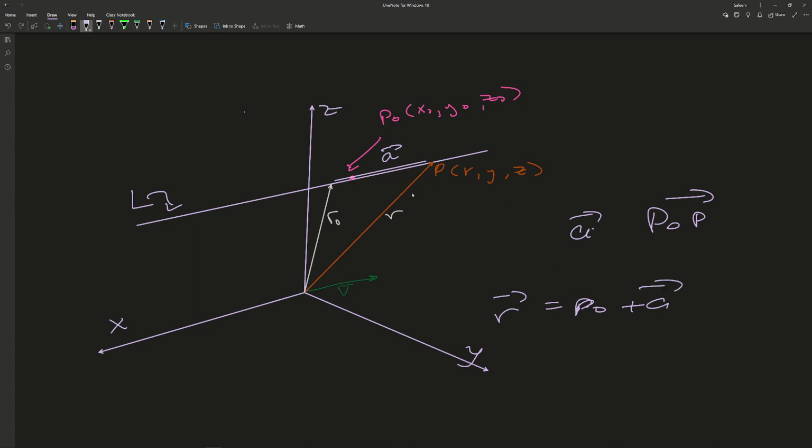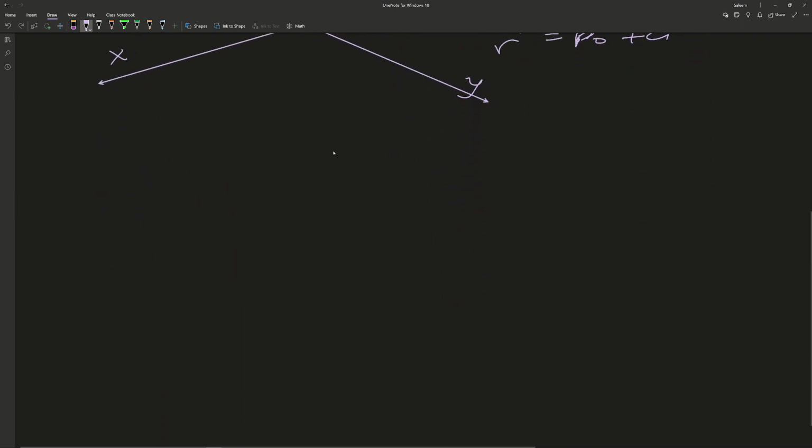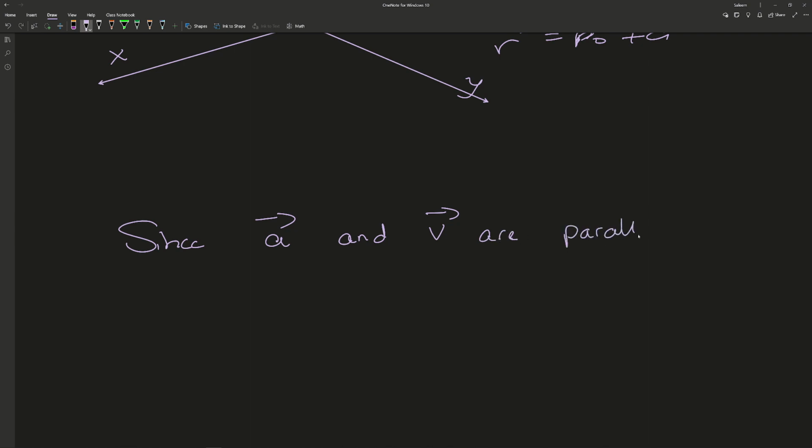But what did we say at the beginning? A and this vector V here are parallel to each other. So because that happens, let me write it in words. Since A and V are parallel vectors, then there exists a scalar K or T or lambda.